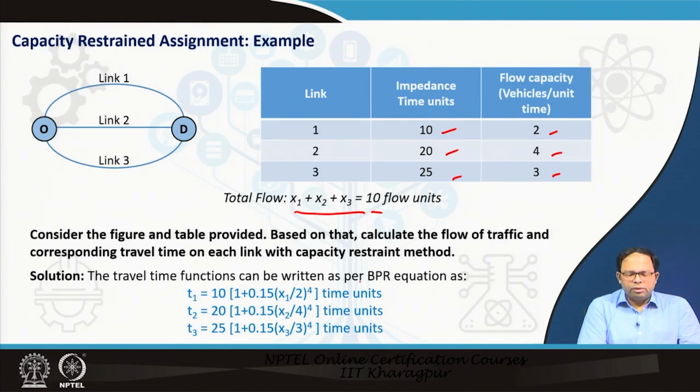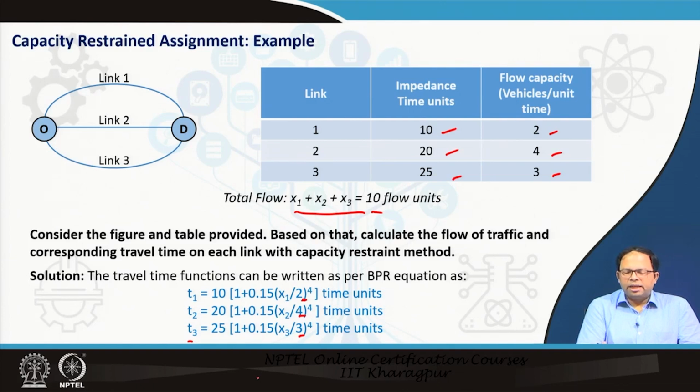So what we do is we use the BPR equation, and we determine the T1 values, T2 values and T3 values. Over here you can see we are using the impedance amounts of 10, 20 and 25, and this is the formula that we use, and here the capacity is 2, 4, 3.